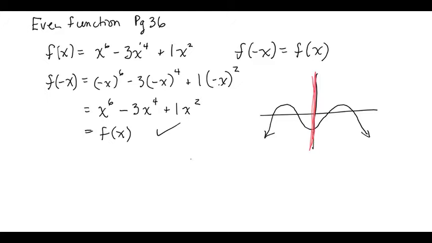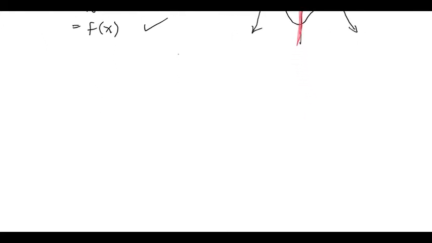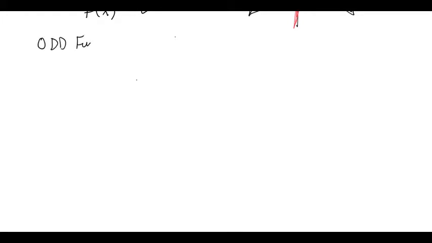All right. Now, we're going to look at what an odd function is. And an odd function, which is on the top of the next page, page 37, says that it must satisfy these conditions. Each term of the equation has an odd exponent.